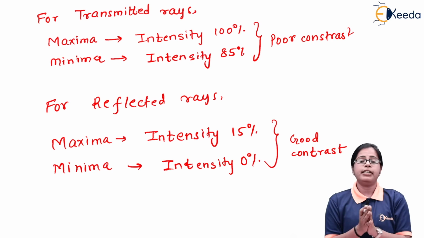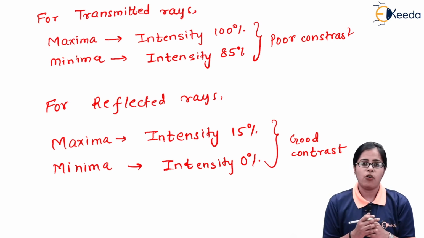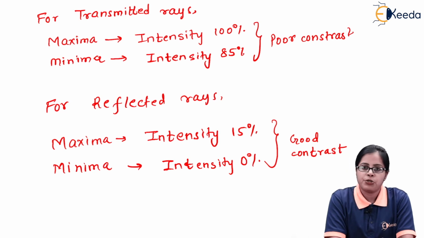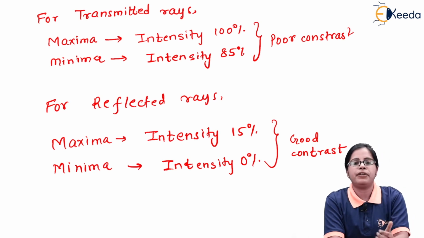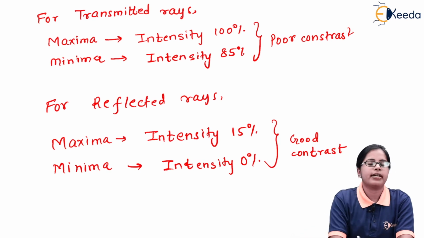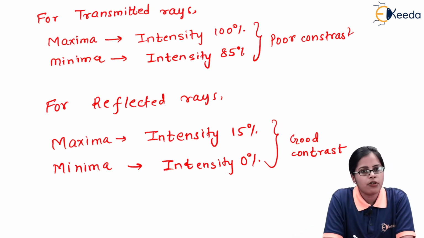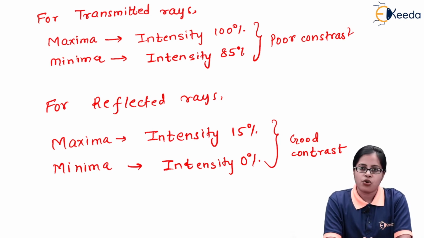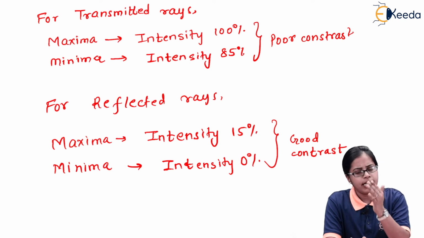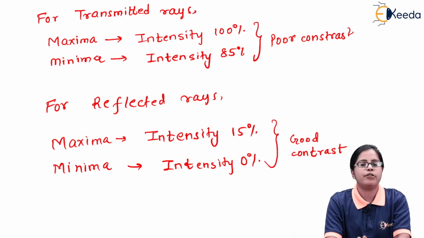So if it is asked when the visibility of fringes is higher, whether for the reflected system or the transmitted system, by looking at the conditions of poor contrast and good contrast, we can conclude that the visibility of fringes, or bands, will be much higher in the reflected system as compared to the transmitted system.